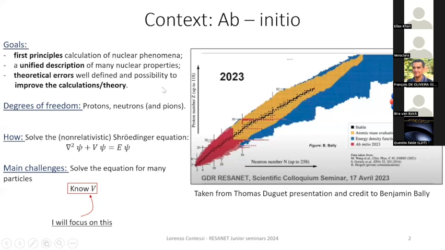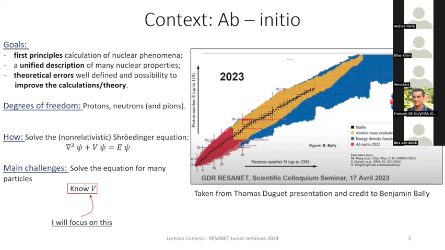So the context of what we are talking about is ab initio. Ab initio, in the context of nuclear physics, means trying to describe nuclear phenomena starting from nucleonic degrees of freedom.